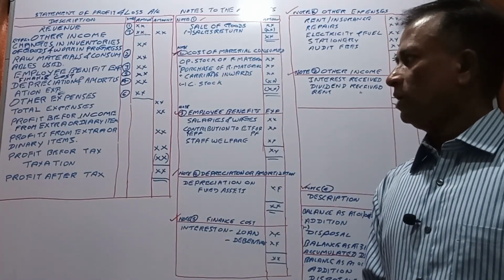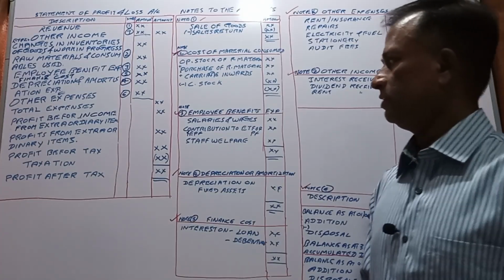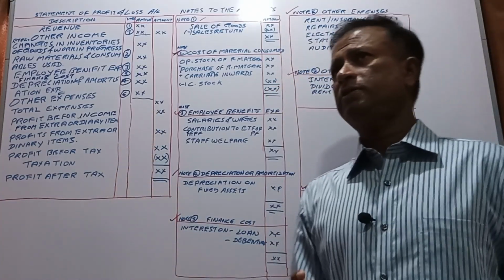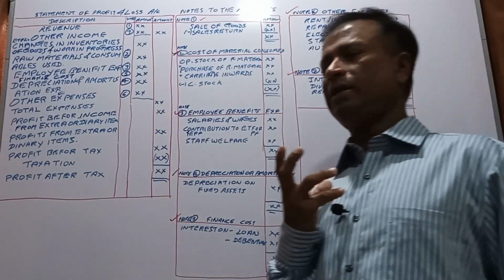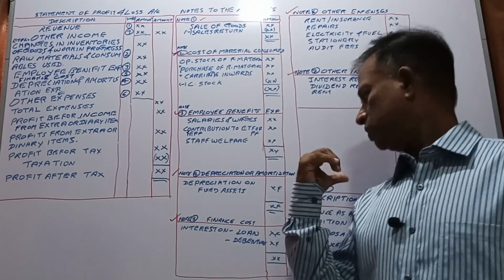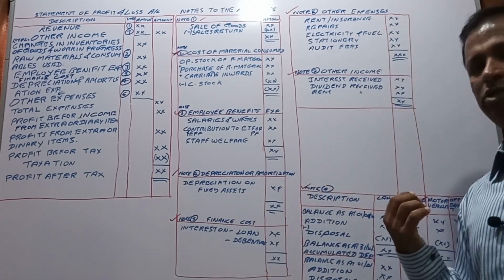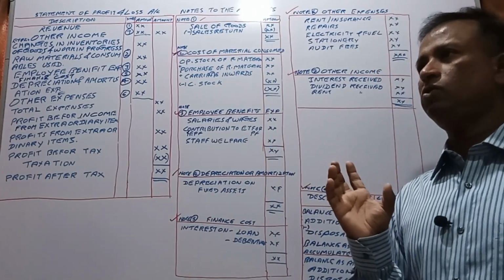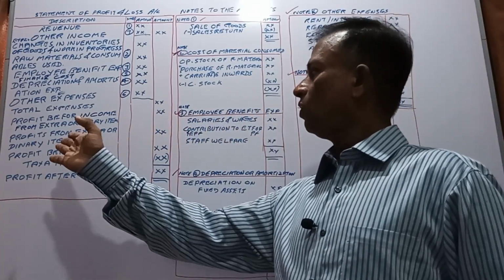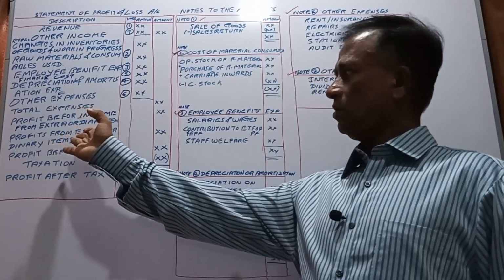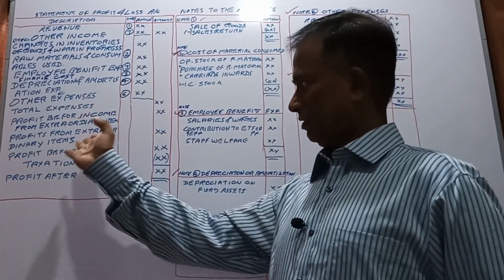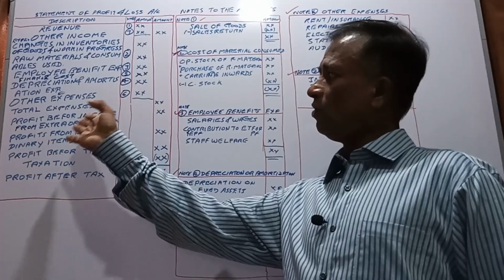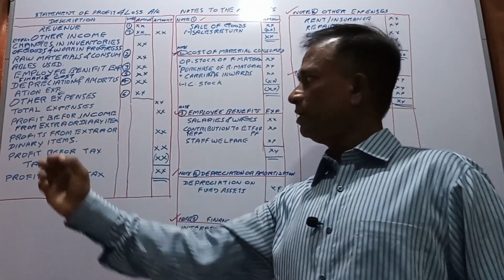Extraordinary items or extraordinary activities. That means if you are getting an income through disposal of fixed assets, whatever you get from the disposal will be shown here: income or loss from extraordinary activities.